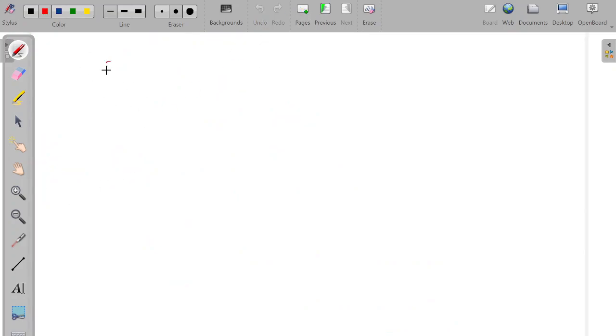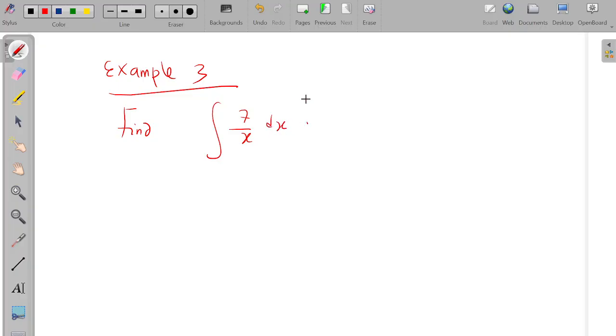Okay, another one. Example 3. We want to find the integral of 7 over x dx. This is the same thing as 7 times 1 over x dx.